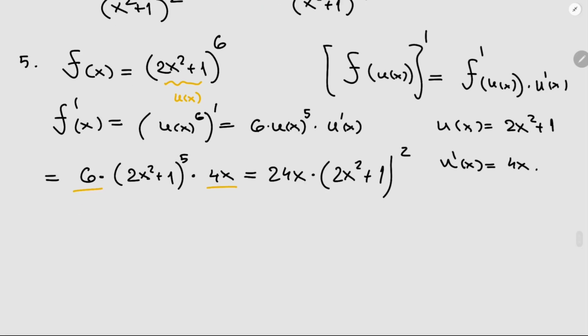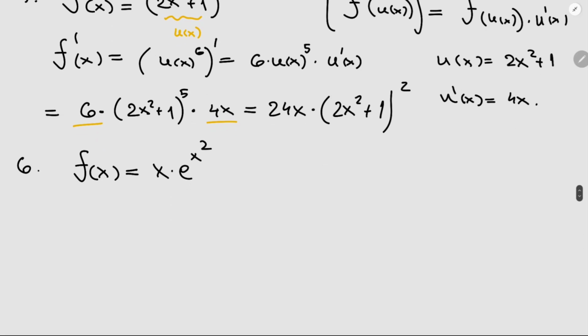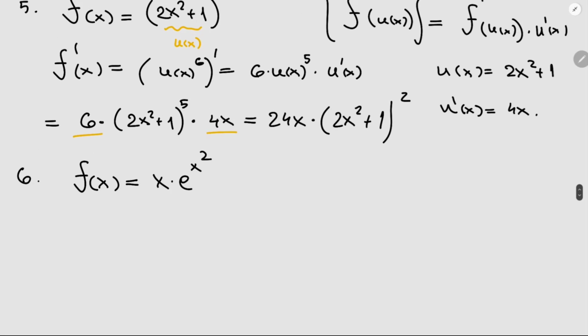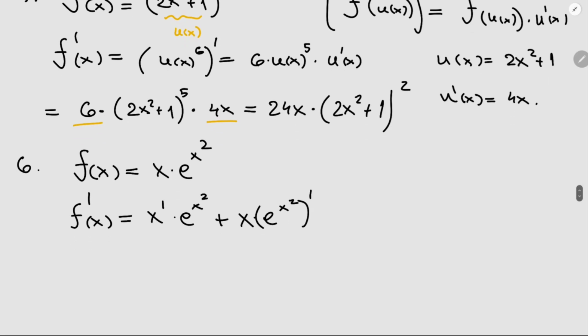And I want to take one last example using the composite functions. So we actually have to use the product rule as well as the rule for composite functions. So let's go ahead. We have to use the product rule first, and we get that it is x prime times e to the x squared plus x times e to the x squared differentiated.